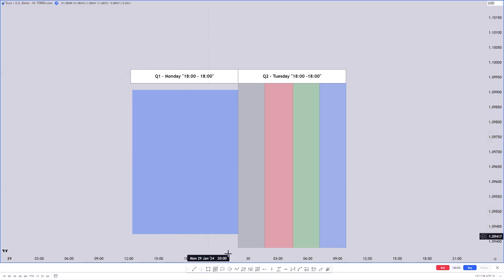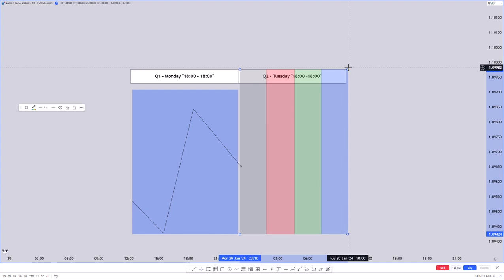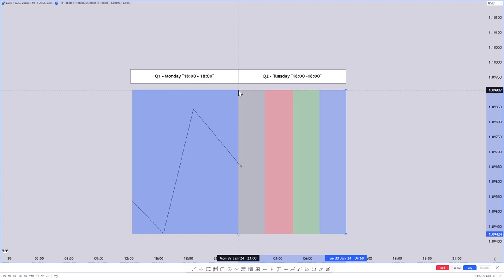So when you have a low like this, and you have a high like this, then you have the close like that. Make this a bit smaller, then we can refine it just so that it's a bit more perfect.